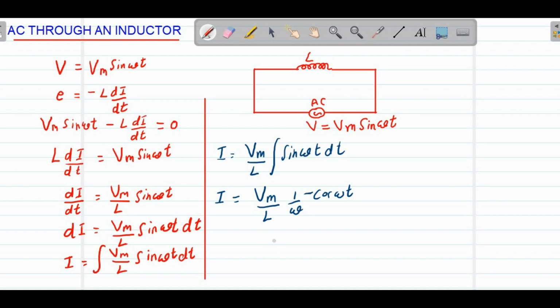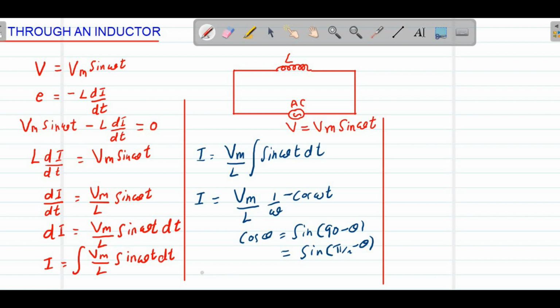Now we can apply a trigonometric identity: cos theta can be written as sin 90 minus theta, or cos theta is equal to sin of pi by 2 minus theta. When we apply this identity for cos omega t here, we can write current I is equal to Vm by L omega, and cos omega t we can write as sin of pi by 2 minus omega t.